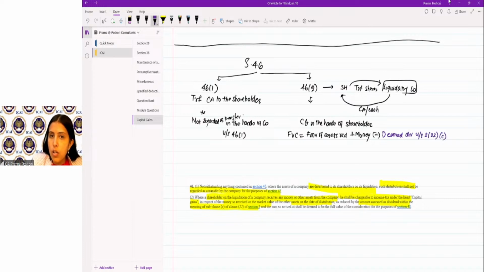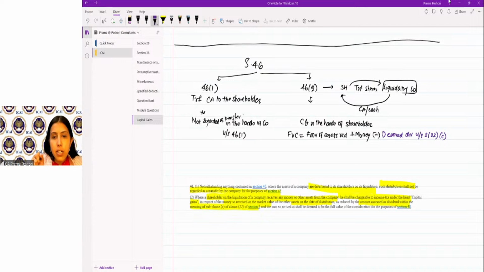So I have already a provision under section 222C, which is for the deemed dividend. So if I distribute the assets, then it is also considered as deemed dividend to the extent of the accumulated profits of the company. So where the assets are distributed, the portion of the distribution, which is to the extent of the accumulated profit, is to be treated as deemed dividend under section 222C.